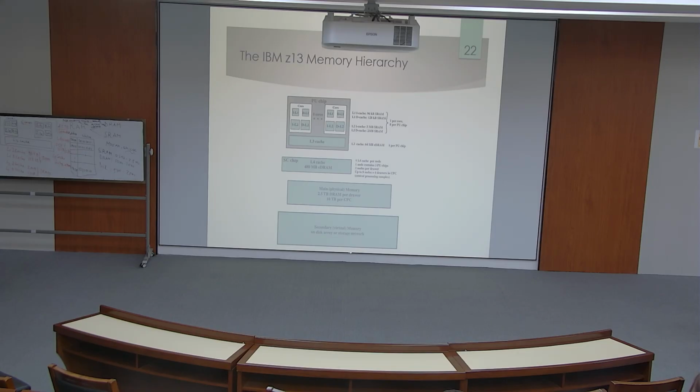We need to understand where we can find specific data and specific instructions for a specific call, and where the common data and instructions are for the whole system environment. Questions about this example of memory hierarchy?